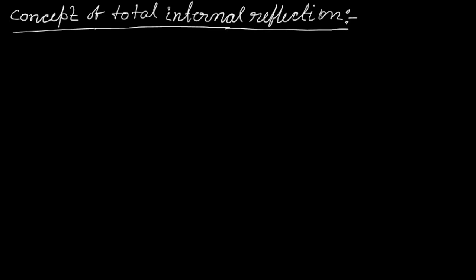Okay. So to understand this, let's say this is the interface of two media. One side medium has refractive index n1, and the other side of the interface has refractive index n2. So this is medium 1, this is medium 2, and let's assume that n1 is greater than n2. That is, the refractive index of the first medium is greater than the refractive index of the second medium.